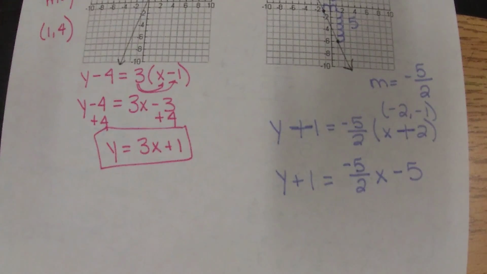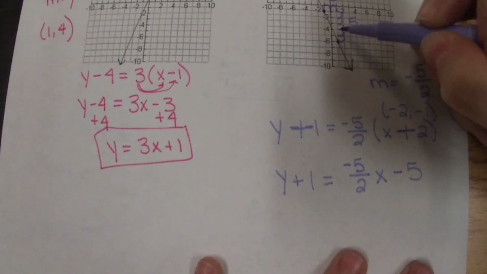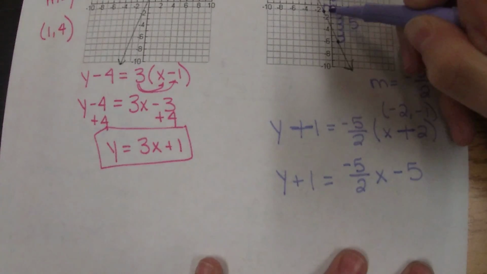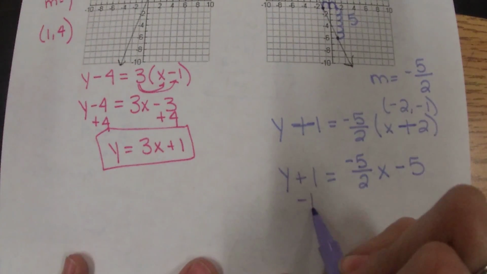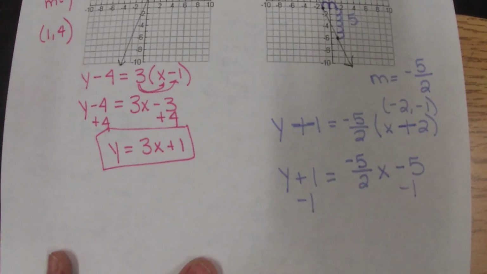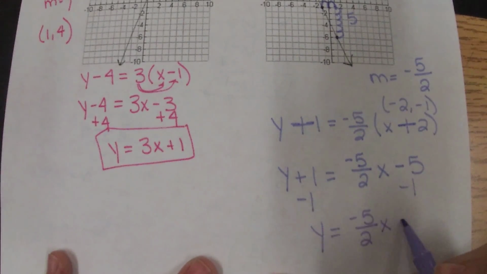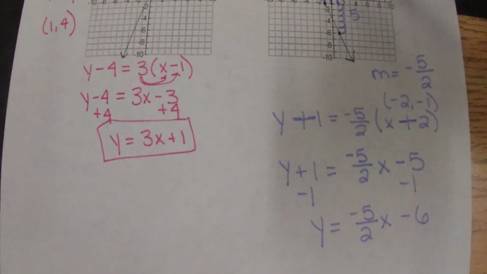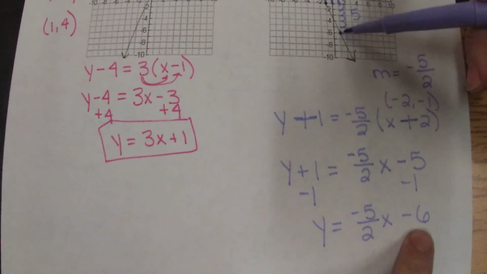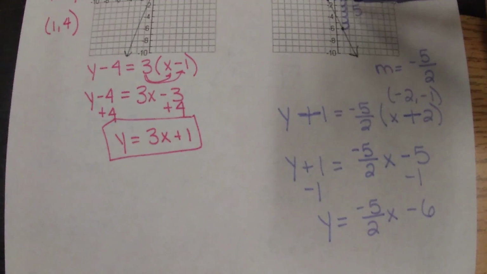What did I mess up, guys? Let me count. 1, 2, 3, 4, 5, 1, 2. Okay, so you get to watch me fix this. It can't be -6, right? Because it crosses at -6 over here.